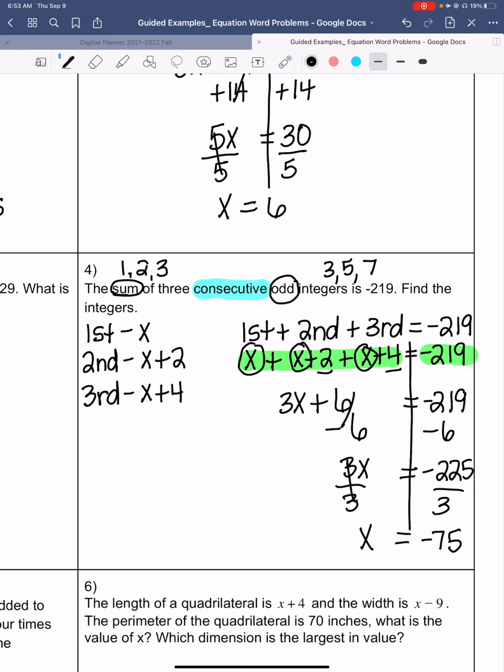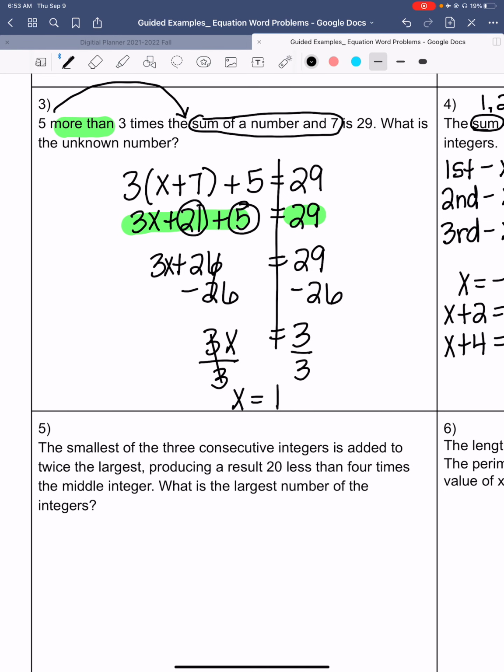So find the integers. My first number, x, is negative 75, but my second number, x plus 2, is going to be negative 73, because I would do negative 75 plus 2, and then x plus 4 is going to be negative 71.